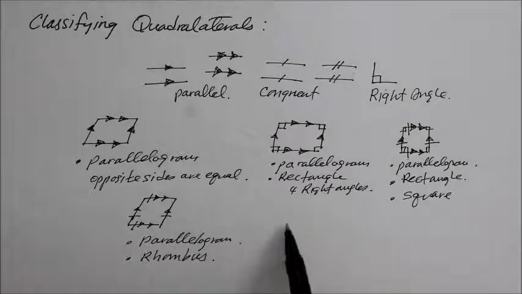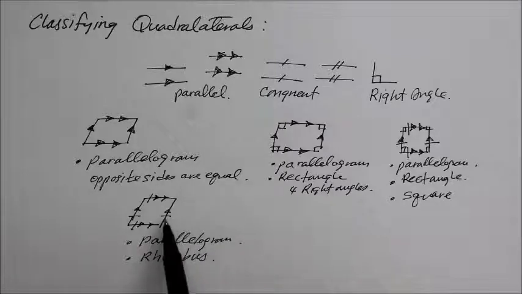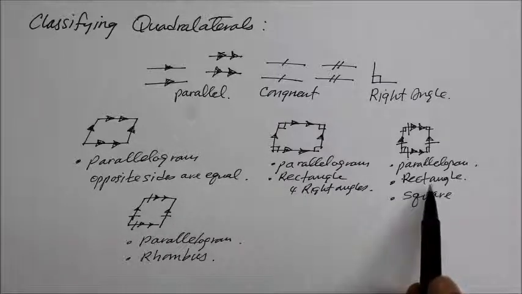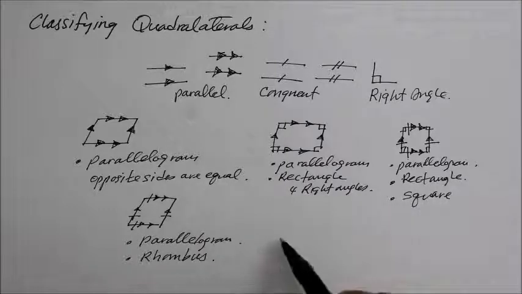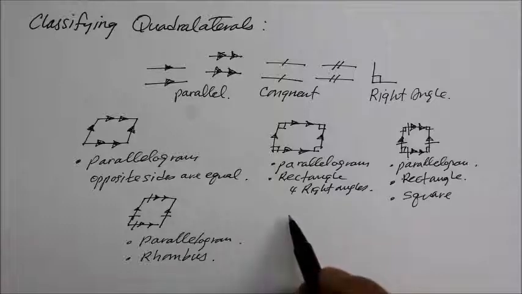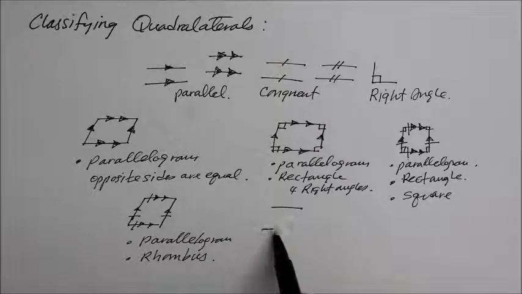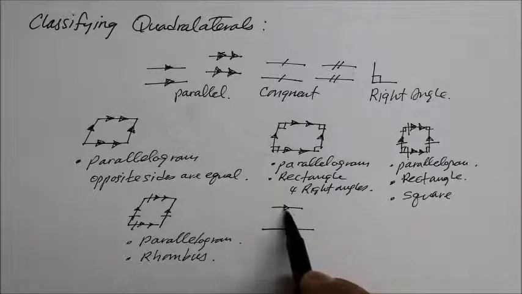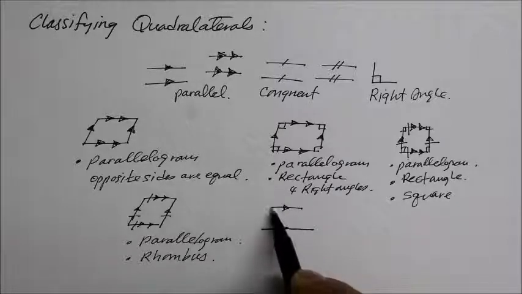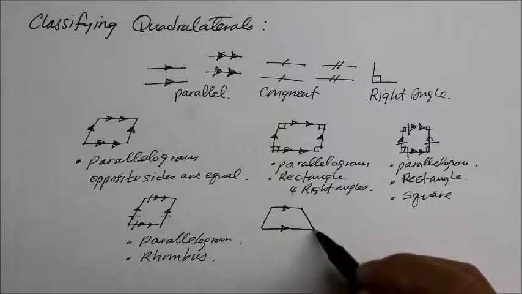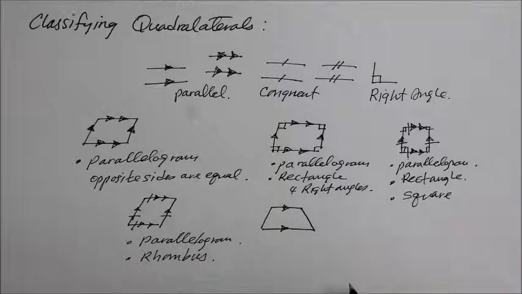Okay. So these were all the cases when we have pairs of lines that are parallel to each other. If they're parallel to each other, we have a parallelogram. How about those that don't have two pairs, but just one pair of parallel lines? For example, here are two line segments that are parallel, joined by two sides.